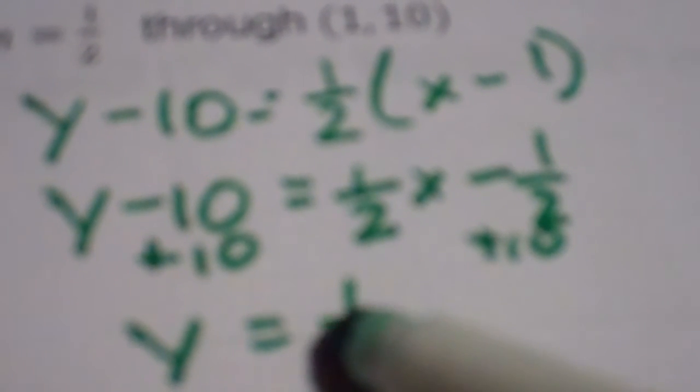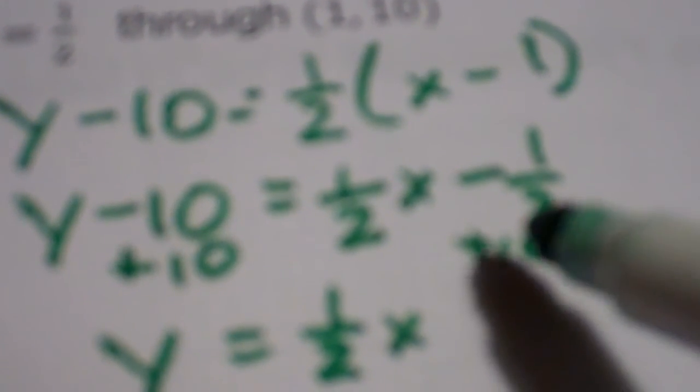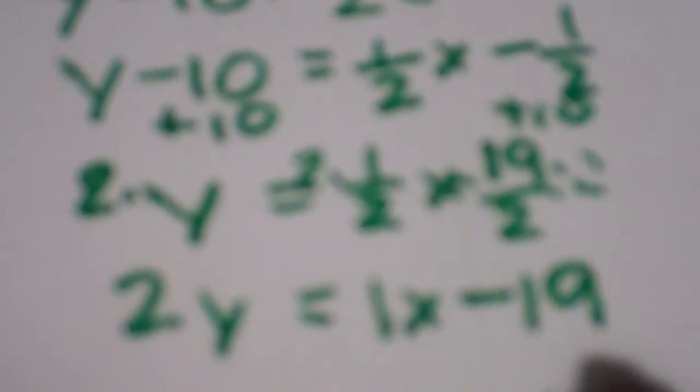Let's add the 10. y equals 1/2 x, 10 minus a half, $10 minus 50 cents is $9.50. I'm going to call that 19 over 2. Sorry, I forgot the minus. Multiply everything by 2. So 2y equals 1x minus 19. And just got a little bit of room left there to move the x term over. Changing it to negative x plus 2y equals negative 19.